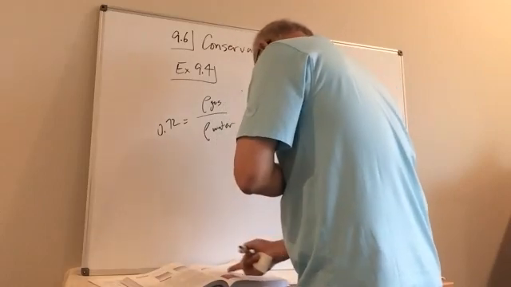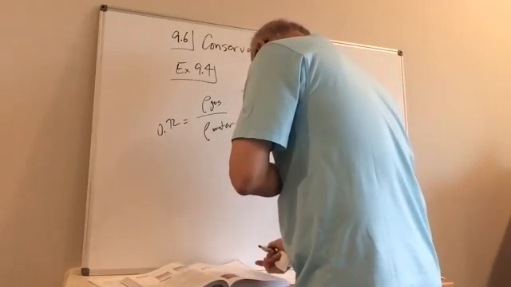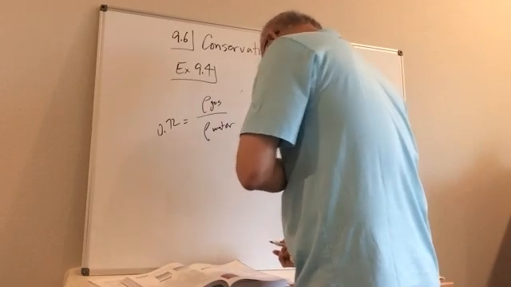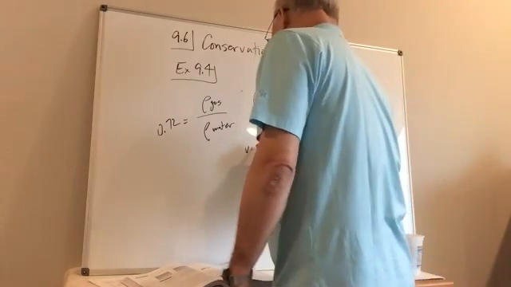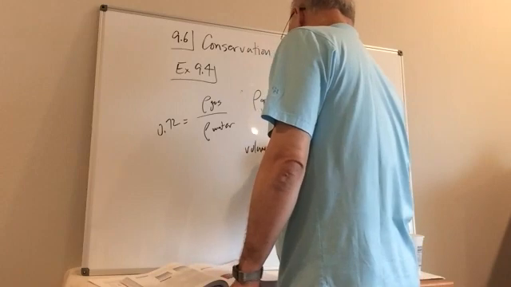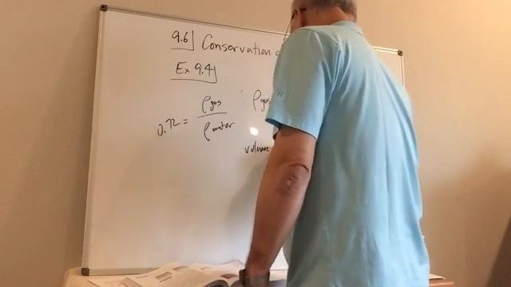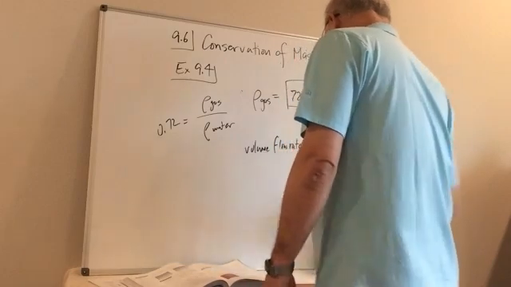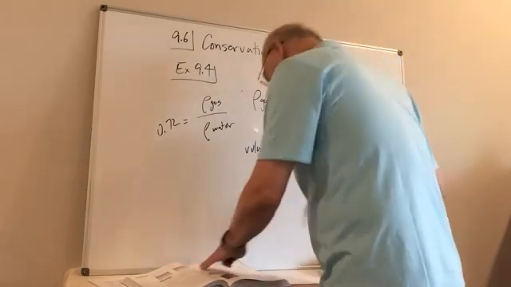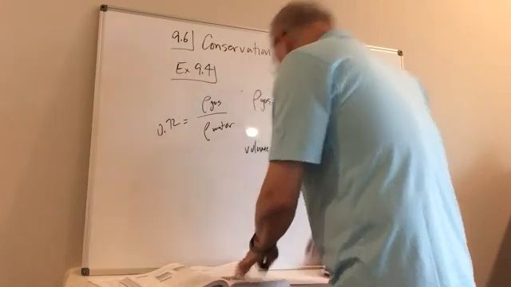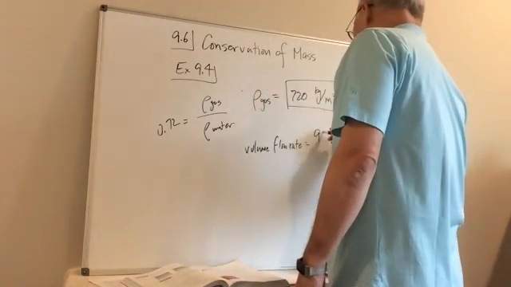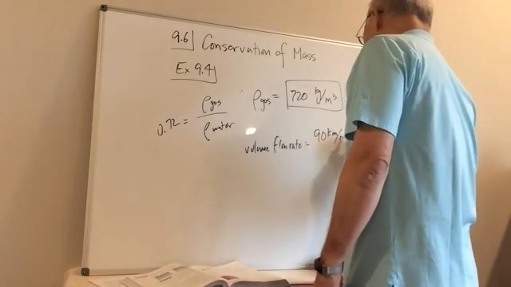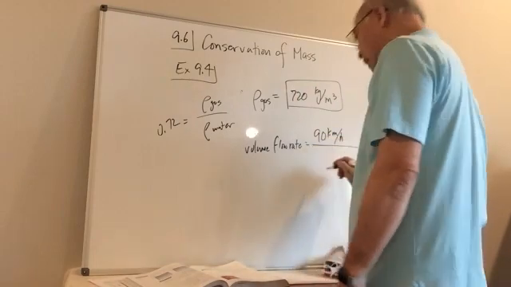So the volume flow rate of one car is going to be what? Volume flow rate is going to be 90 kilometers per hour, because that's the speed that we're going at.